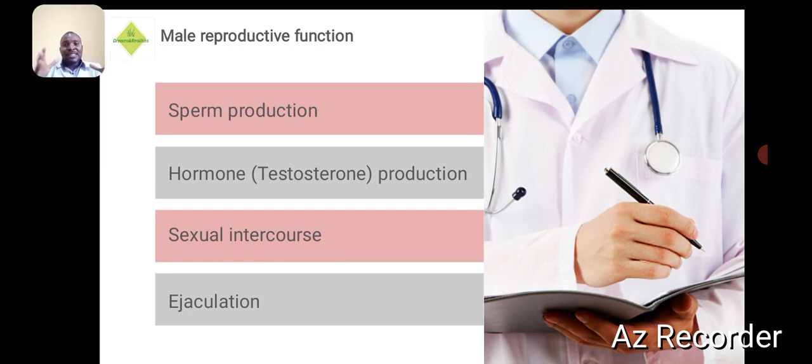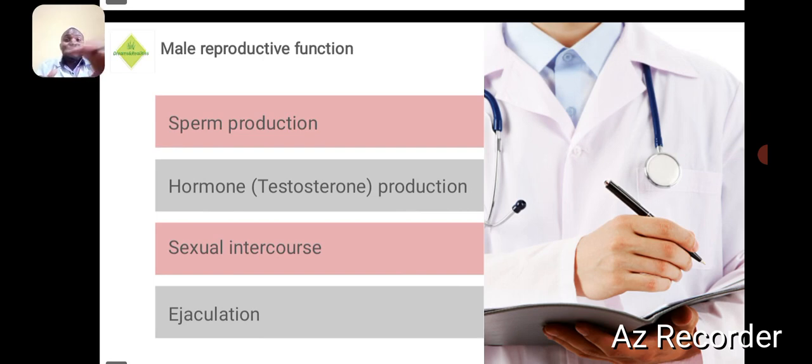So the semen, I've been using the word semen, and at some point I'll use sperm cells. Actually, semen is the combination of both the fluid, which is produced by the accessory glands, and the sperm cells, which are produced by the testes. So when they are together, we don't really see them in isolation.